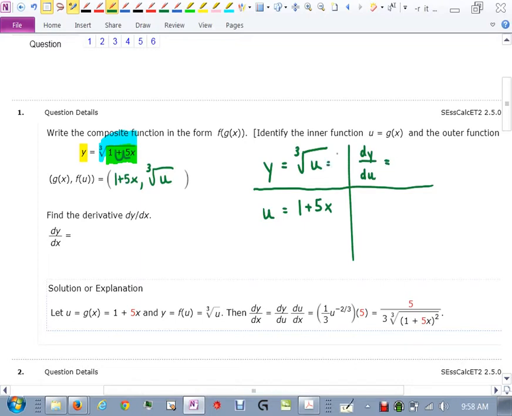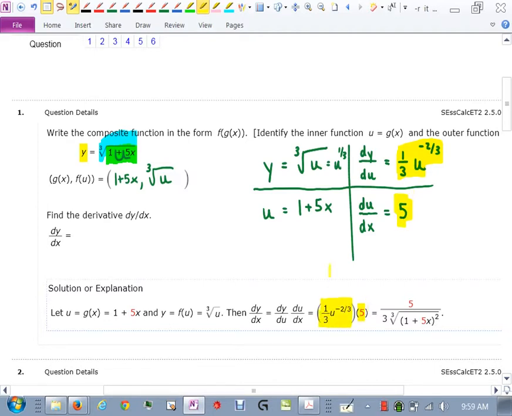And remember, this right here was u to the 1/3. So derivative of that, the 1/3 comes out. I subtract 1 from 1/3. I get negative 2/3. And then I have down here, I can take the derivative of u because that's the left side, and with respect to x because that's the variable on the right side. And the derivative of this, well, derivative of 1 is 0, and derivative of 5x is just 5. So what I need to do now to get my answers, I need to multiply this times this. And so that's what they have right here.